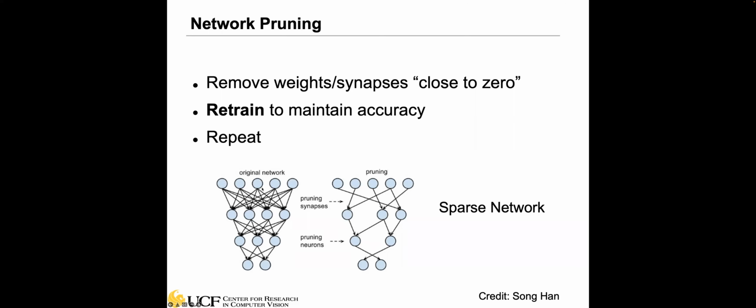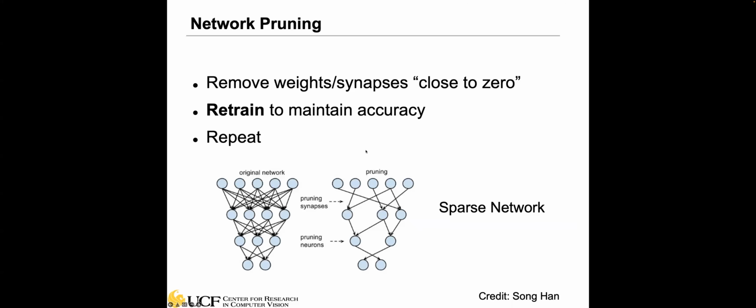So basically you train the network, maybe it's a ResNet-50 trained on ImageNet, and you do this pruning to remove maybe 30% of the weights or parameters of the network, just to reduce the size. Once you do the pruning, you have to retrain the pruned network to maintain the accuracy.